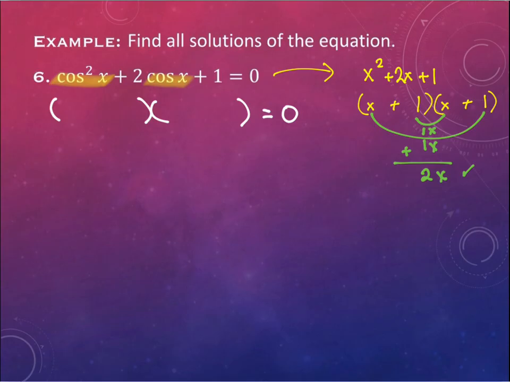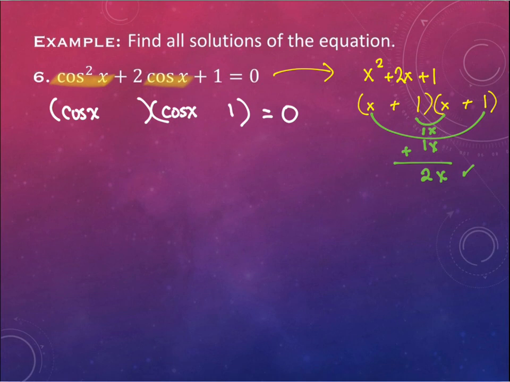If factoring is a place that you struggle, you probably need to brush up on that a little bit because it's going to come into play in this section. Now let's go back to our original problem and see that it works the same way. In the original problem, I don't have x squared, I have cosine that's being squared. So at the beginning, I will have the cosine of x in each of my first pieces of my factors. The end is still a 1.